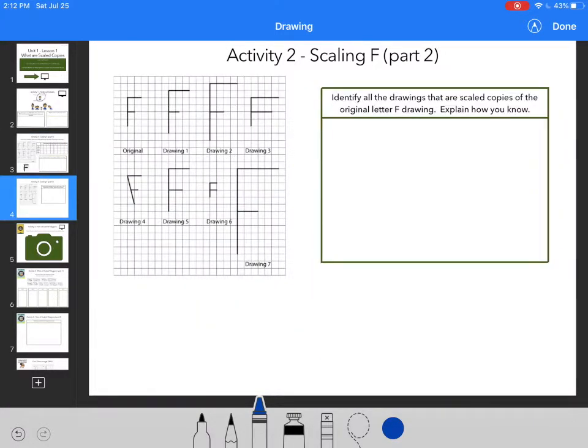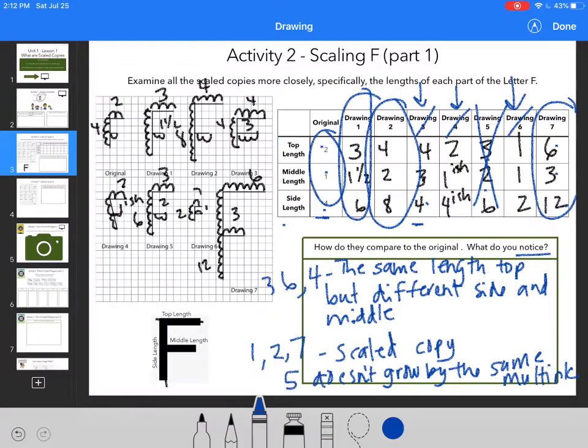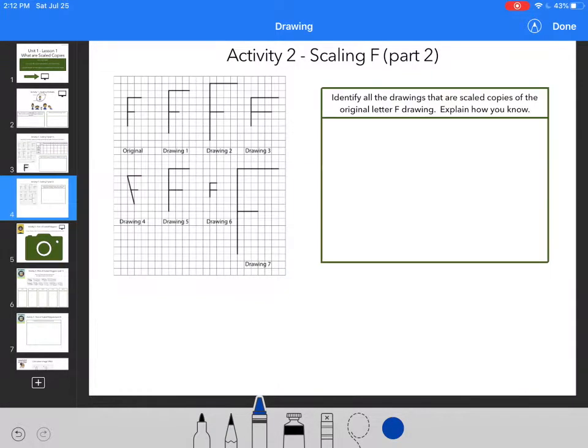So then it says, identify all the drawings that are scaled copies of the original letter F and explain how you know. Well, we kind of did that in the last question. We said 1, 2, and 7.